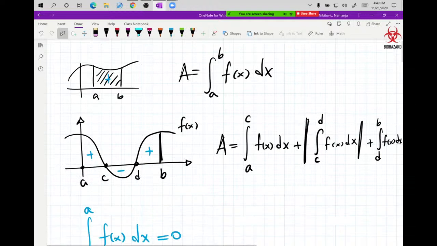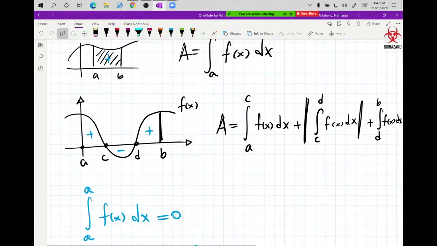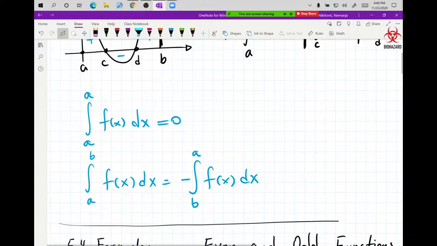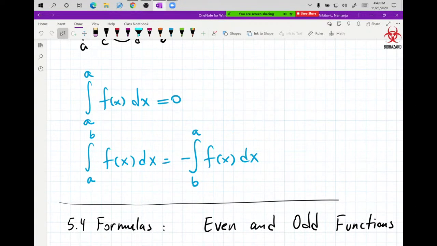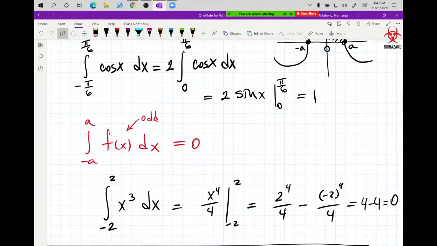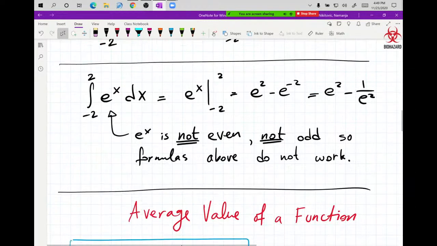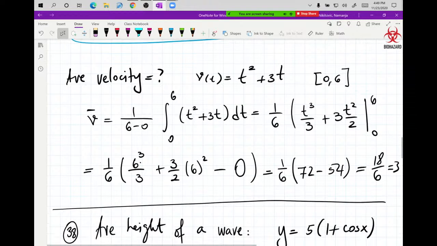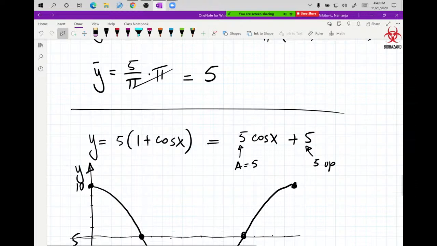We reviewed setting up the areas and what happens if the function dips below the x-axis. Then we looked at these other formulas, did even and odd, which I call a quality of life improvement. And then you have your average value and the mean value theorem, which is literally the same function.